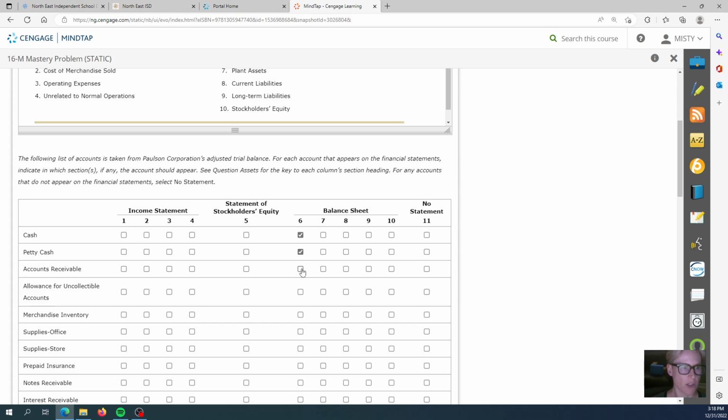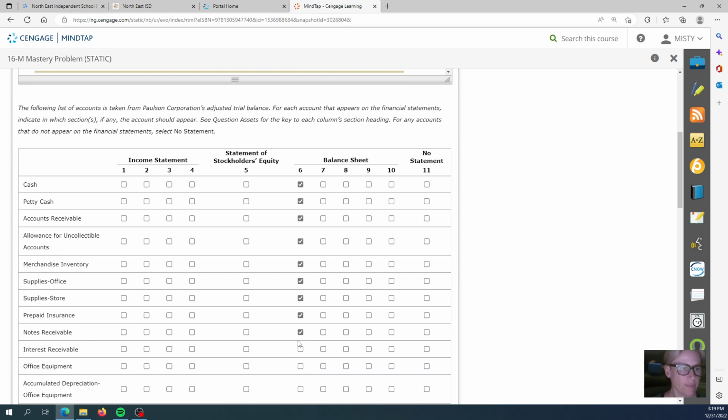Cash, petty cash, accounts receivable, allowance for uncollectible accounts, merchandise inventory, office supplies, store supplies, prepaid insurance, notes receivable, right? Because those are on the short term, they're less than a year. And we have our interest receivable.